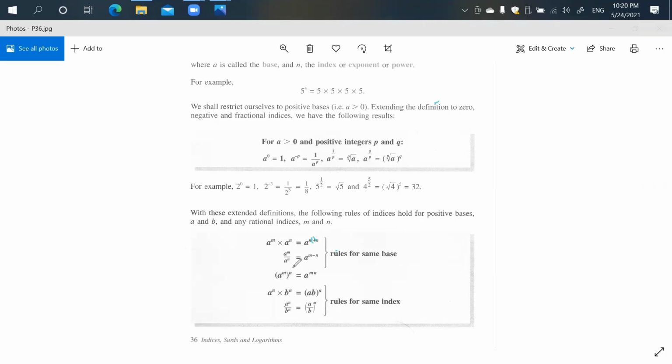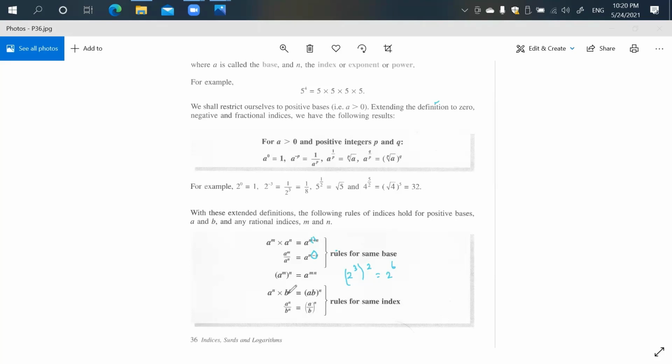Also division: a power m over a power n, same base also, but the index now becomes m minus n, the n being brought up becomes negative. And a can also lie in this pattern, for example a power 2 to the 3, the whole thing power 2, becomes 2 power 6.